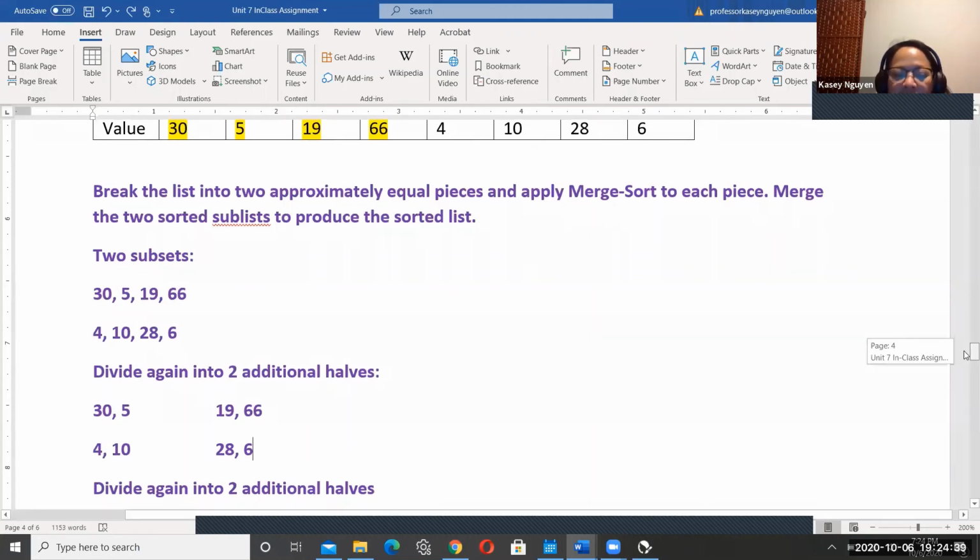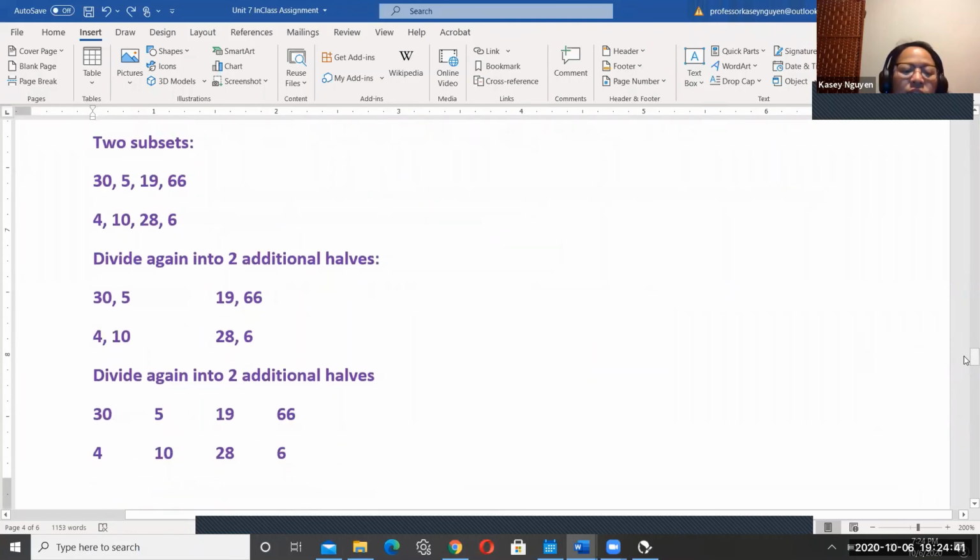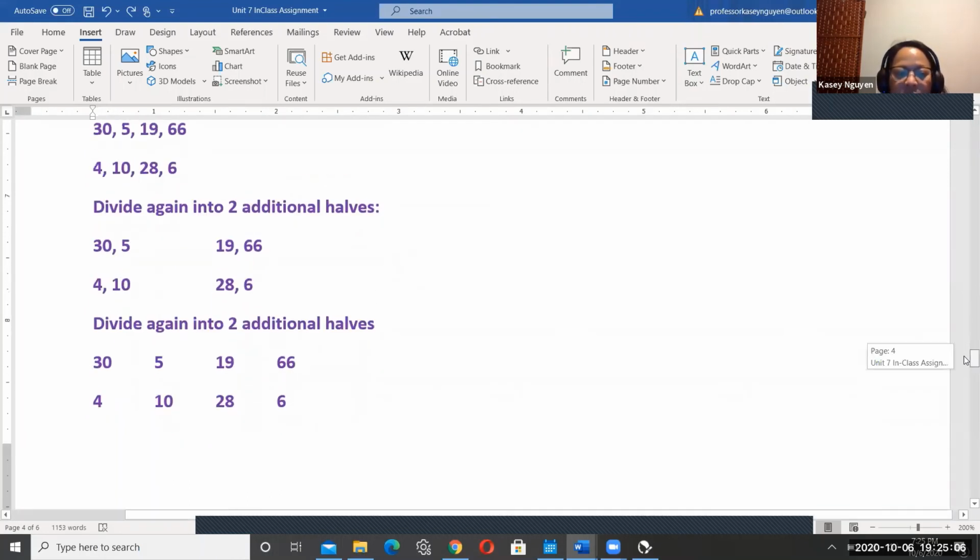Then we divide it again into individual elements. So we first divide it into two subsets, then we make it into 4 subsets, then we make it into 8 subsets of one value each.